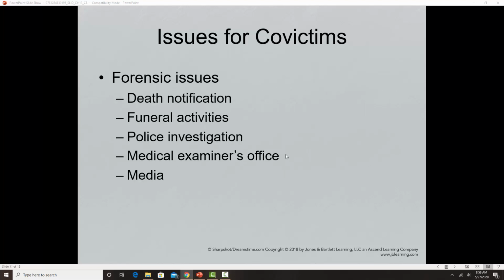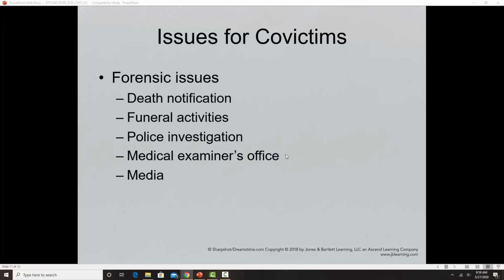Now, because we're looking at issues with victims, of course, the victims of homicide are going to be leaving behind family and friends who are called co-victims. So a co-victim is anybody that is going to be affected by and potentially traumatized by the homicide.